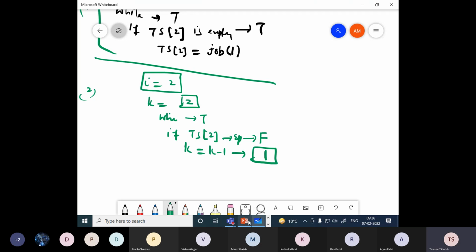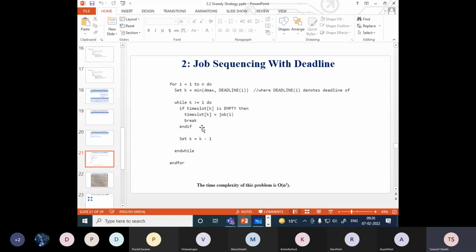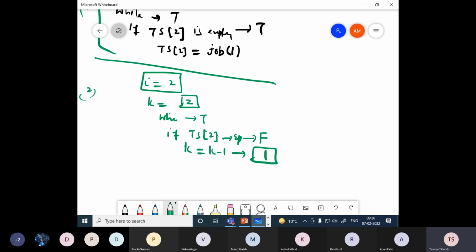When it is equal to 1, we again go to the while. If k is greater than or equal to 1, yes, the while loop will be again true. If time slot of k, now equal to 1, is that empty? Yes.